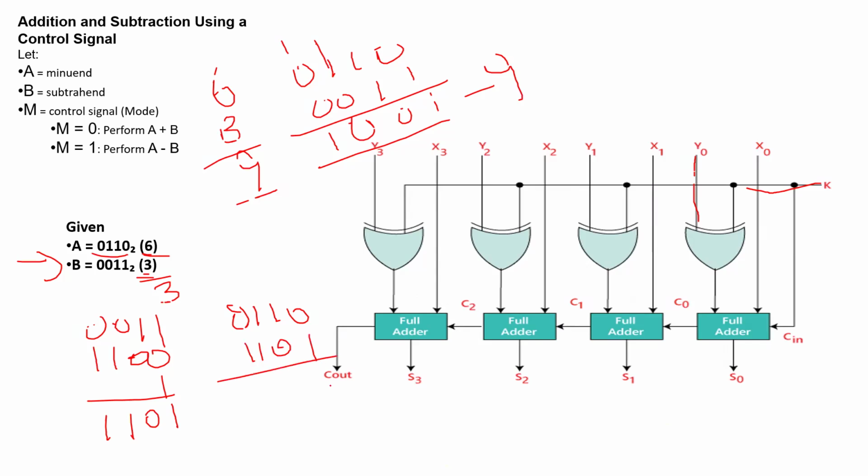Adding, we get 0, 1, 1, 0, and the carry we just ignore. What is this value? 3. So we got the value 3. This is the binary subtraction method. For the diagram, we just have to know that we are using an XOR gate. That's more than enough.